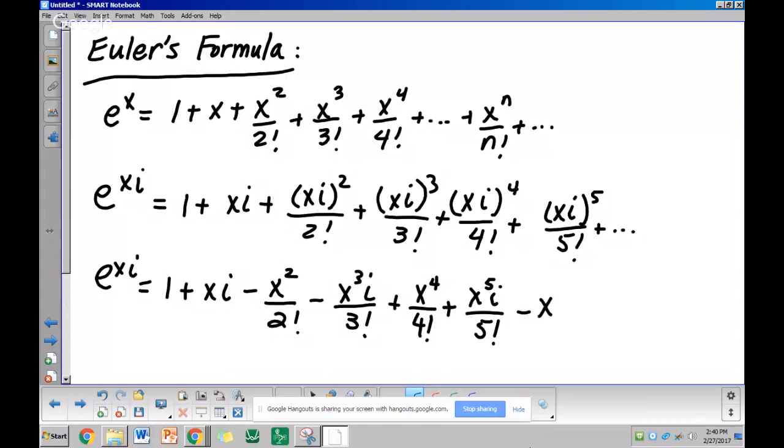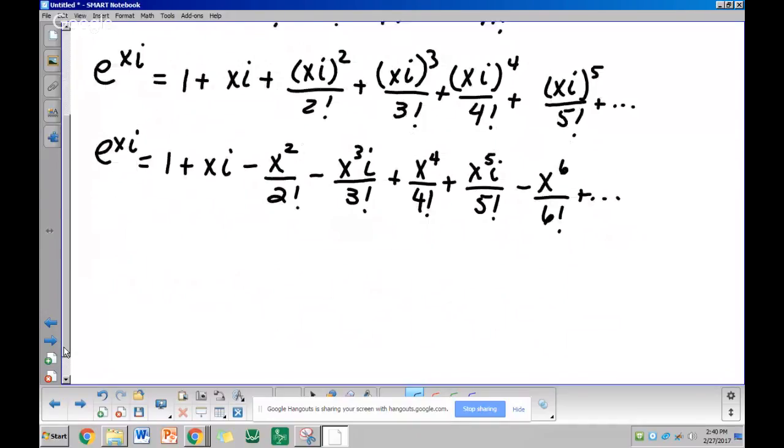And then it would be minus x to the 6 over 6 factorial plus dot dot dot. We agree with that? So let's separate in here and factor out the i terms. Which ones are the i terms? The odd ones. So I'm going to say this equals 1 minus x squared over 2 factorial plus x to the 4th over 4 factorial plus dot, dot, dot.